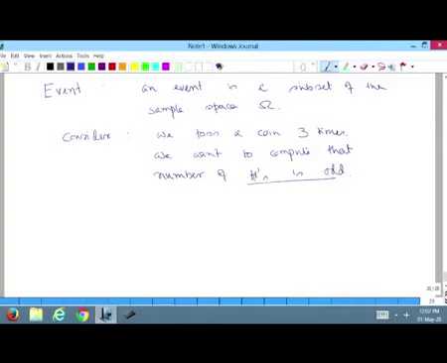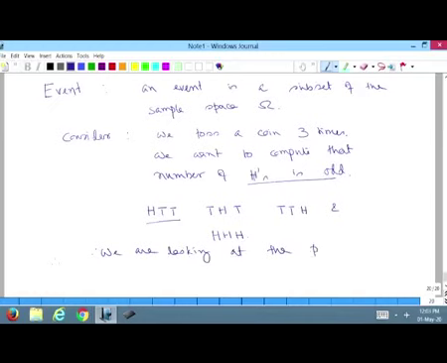That is, number of heads is 1, which can be done in these ways: H T T, T H T and T T H, and number of heads is 3, which is in one way, H H H. Therefore, we are looking at the probability of the subset H T T, T H T, T T H and H H H.